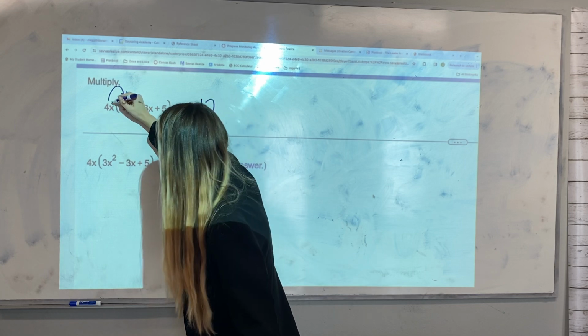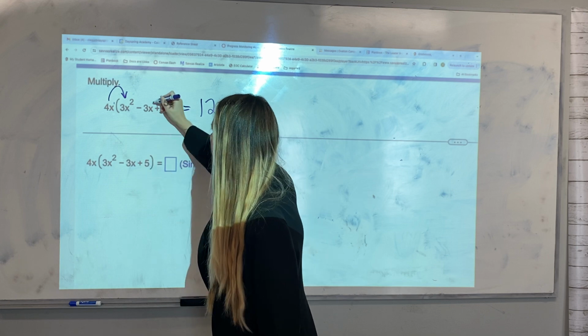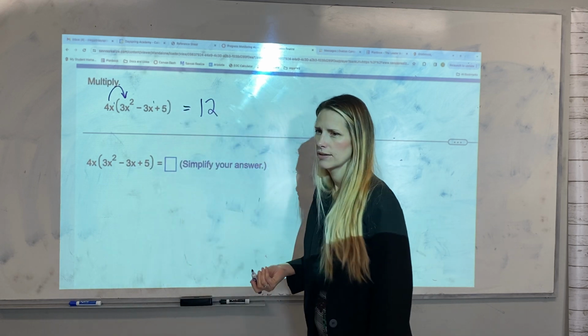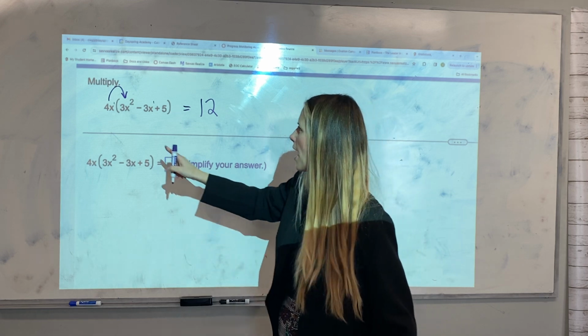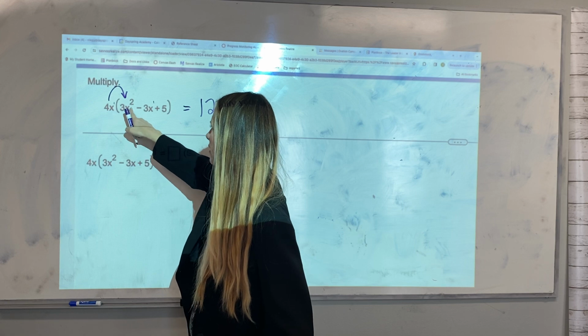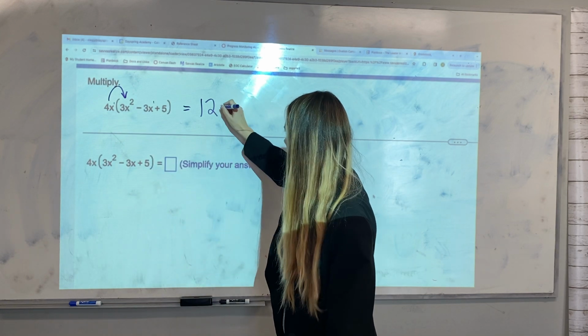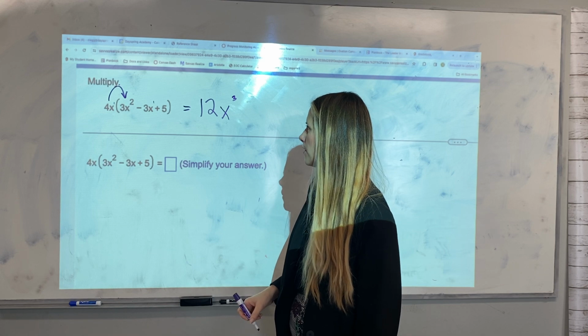X, whoop, naked. X times x squared is? 12x squared. X to the first times x squared is x to the third power, or x cubed. That one's done.